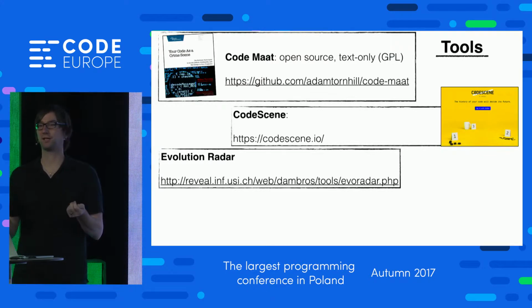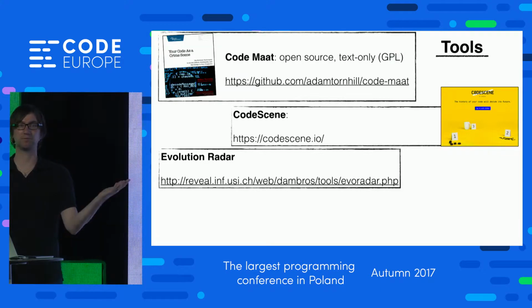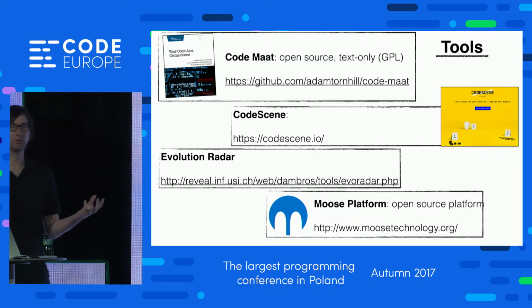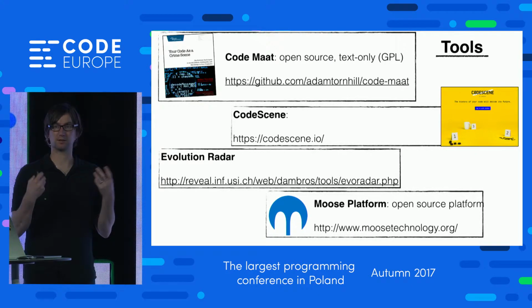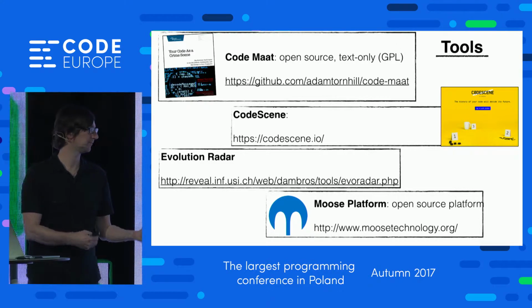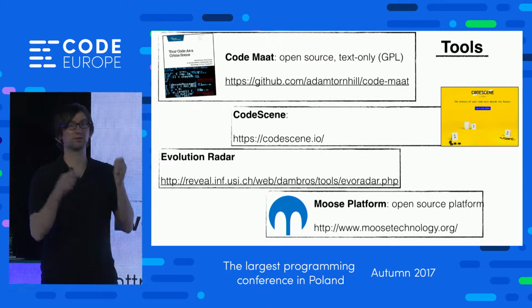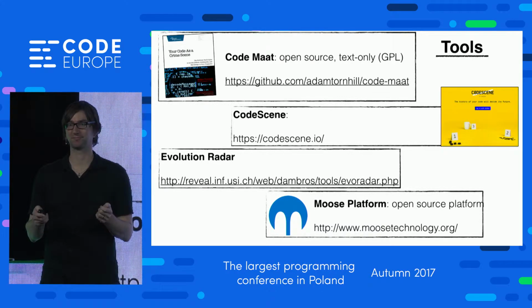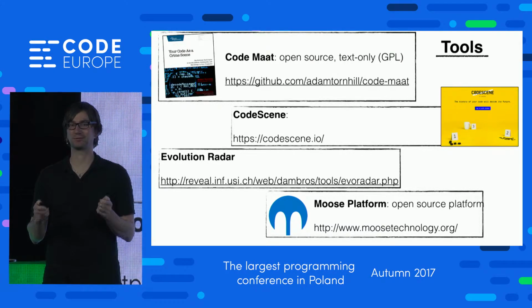And then finally, as the fourth option, if you want to implement your own analysis, I recommend that you have a look at the Moose platform. So the Moose platform is a framework for building code analyzers, and the Moose platform is also the best excuse I know for learning to program in Smalltalk. It's a great programming language, trust me.